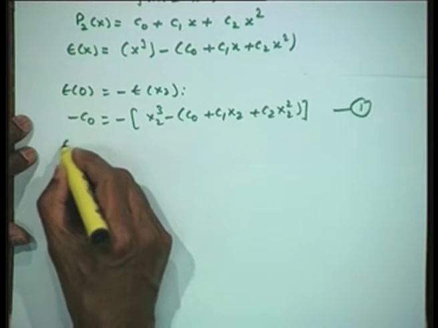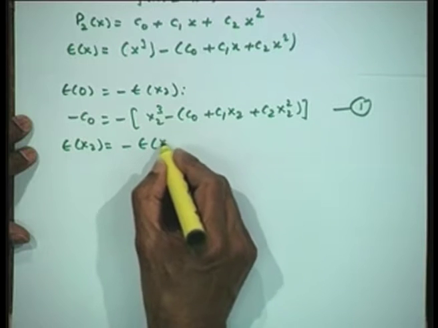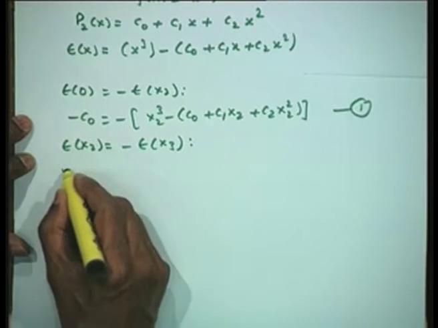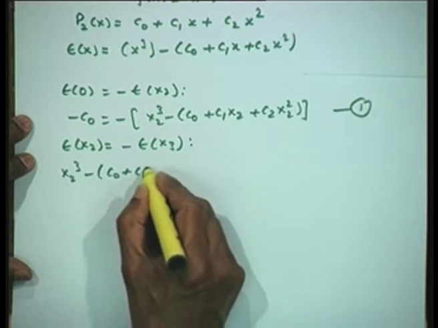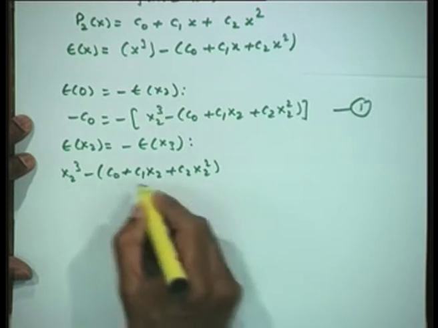Now the second equation is epsilon x 2 is minus epsilon x 3. So that is x 2 cubed minus c naught plus c 1 x 2 plus c 2 x 2 squared.